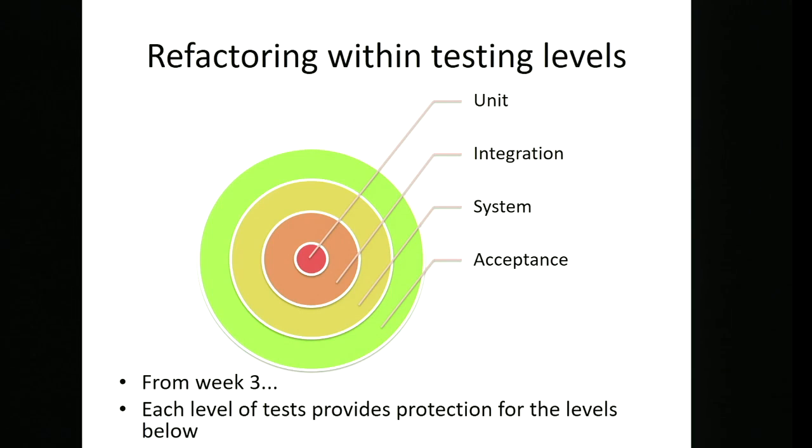And we said that if the acceptance tests are changing, then that's clearly new or changed functionality, probably all the way through the system. So you can't refactor at that level, but you can refactor at all the others.